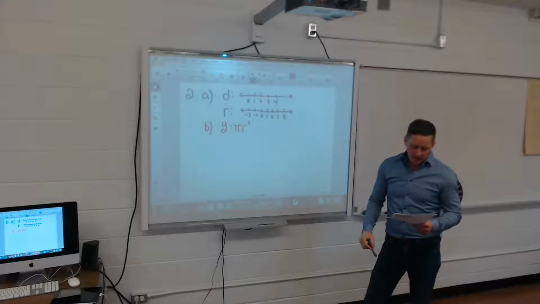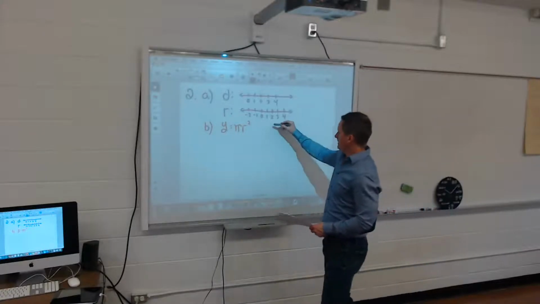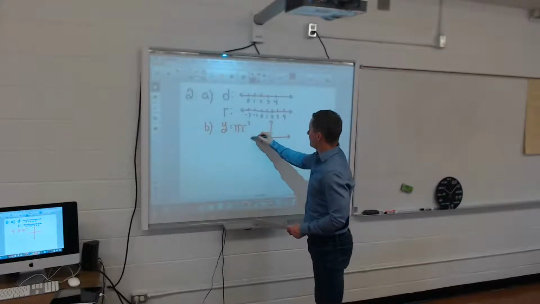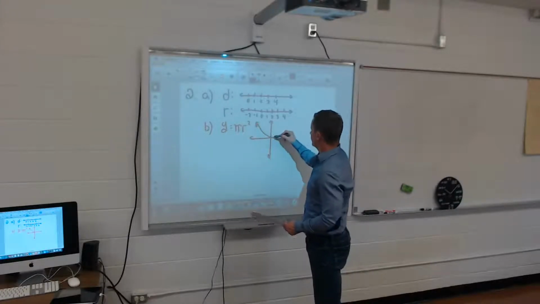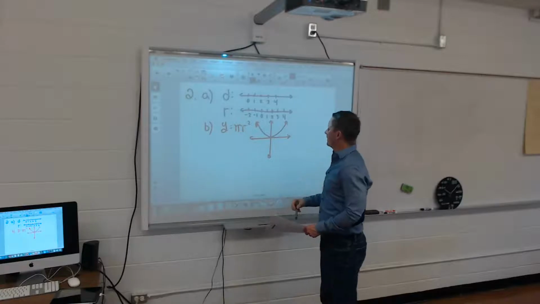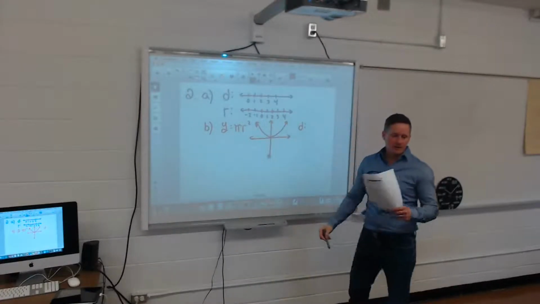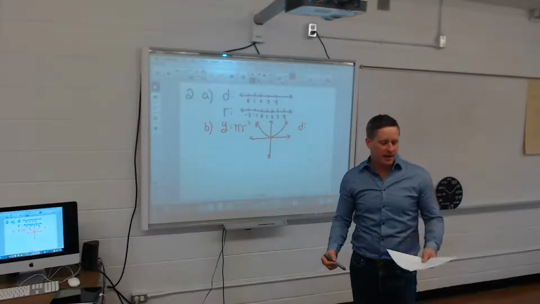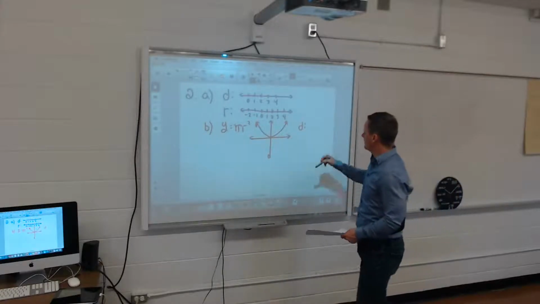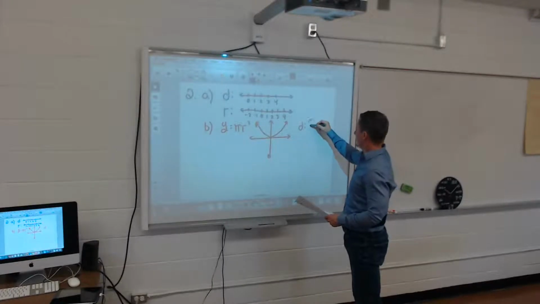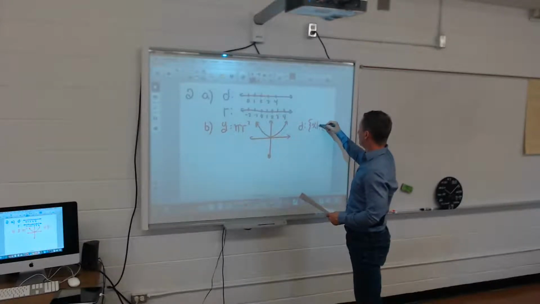Next, y equals x squared. Again, I was asked this before. This is a graph of a parabola. The domain for that graph goes forever to the left and forever to the right, so -infinity to +infinity. It wants it in set notation, so I write x such that x is an element of all real numbers.